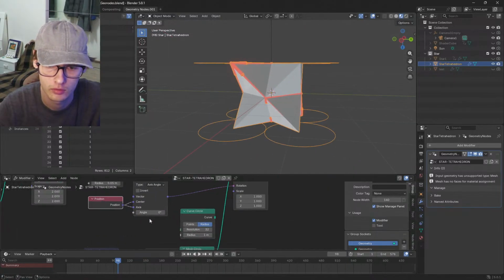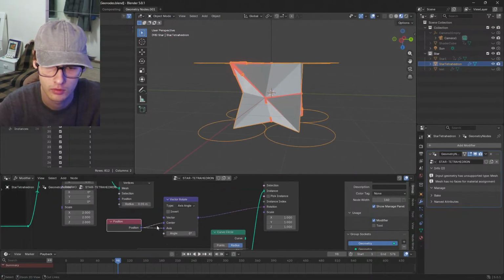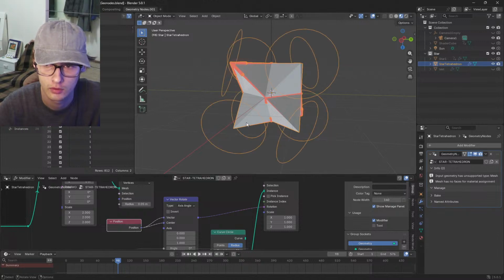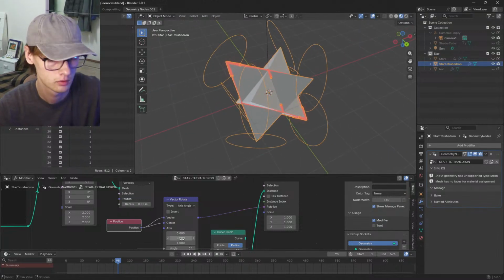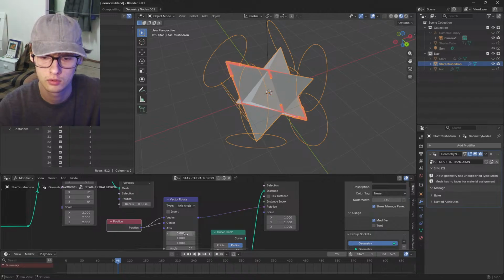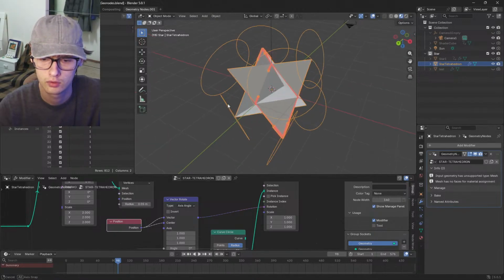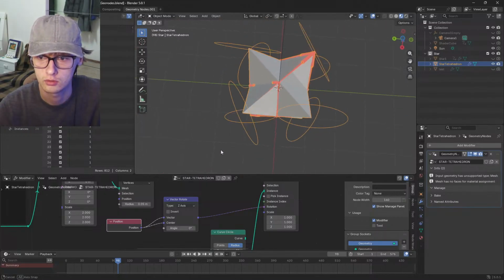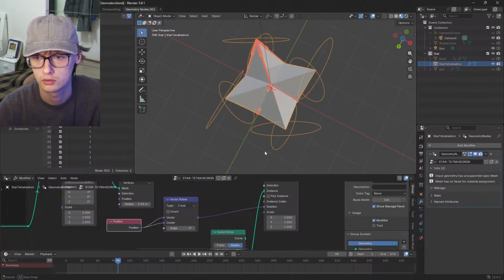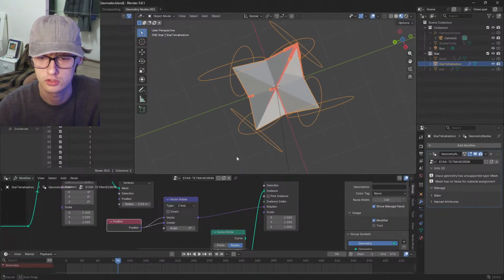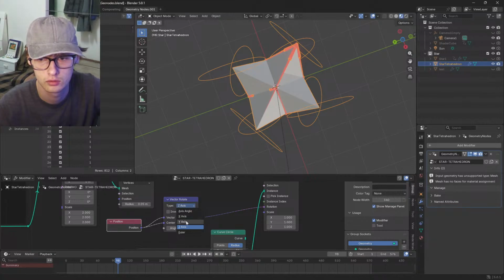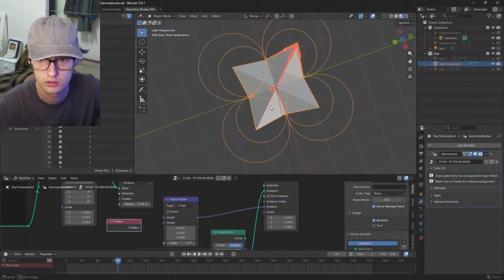Nope. Z-axis, is that gonna help? This is so confusing. Now it's not even doing anything.